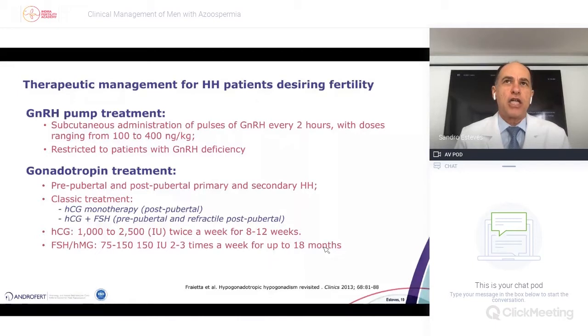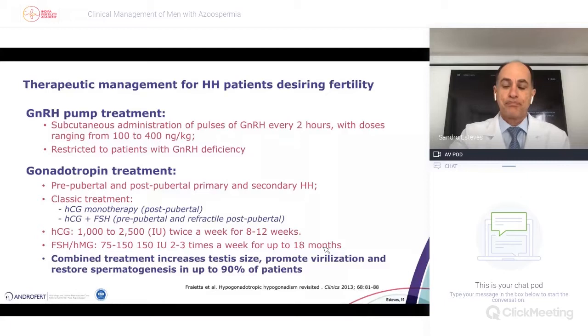So you should not expect normal sperm count after gonadotropin treatment in patients with hypo-hypo. Usually these patients will have mild oligozoospermia, but they will still be able to impregnate their wives naturally most often, or with the use of assisted reproduction. It could be IUI or IVF-ICSI, depending on the condition.